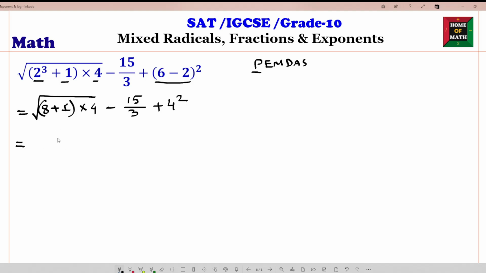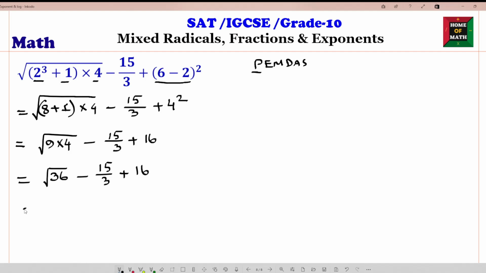8 plus 1, it means 9 times 4 root over, minus 15 divided 3 plus 4 square means 16. 9 times 4, it means 36 root over, minus 15 by 3 plus 16.